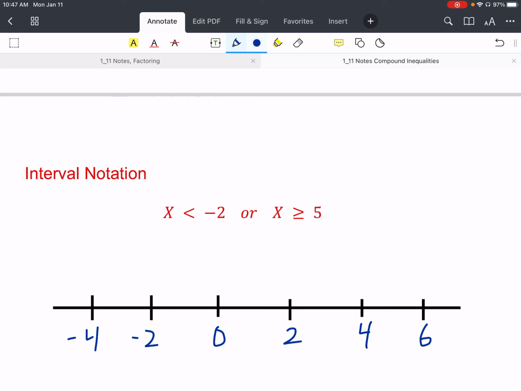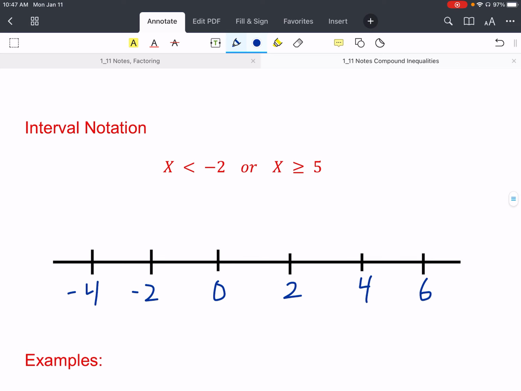We're going to graph this. X is less than -2. And shade it this way. Or x is greater than or equal to 5. So here I have a filled in circle, and I'm shading towards infinity. So it either has to be less than -2 or greater than or equal to positive 5.